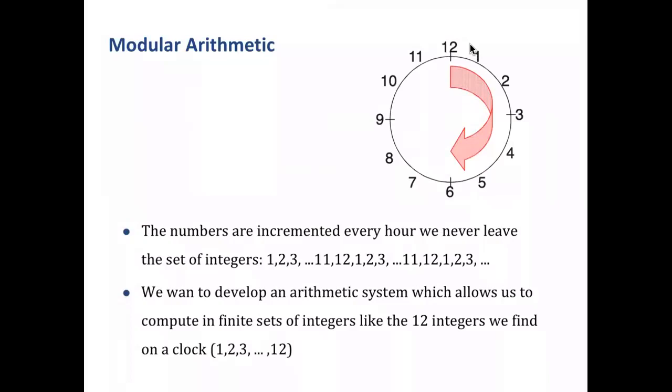For example, on a clock, while time keeps moving, the numbers are always between 1 and 12. So we can define a set such that all calculation results will be within that set.